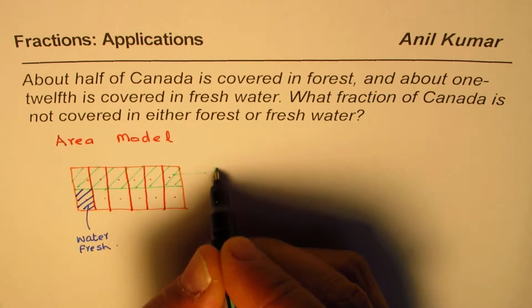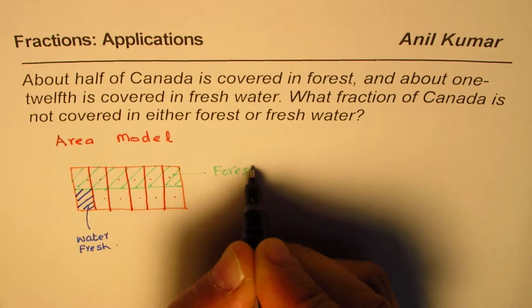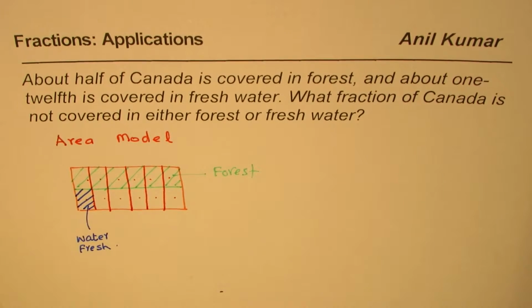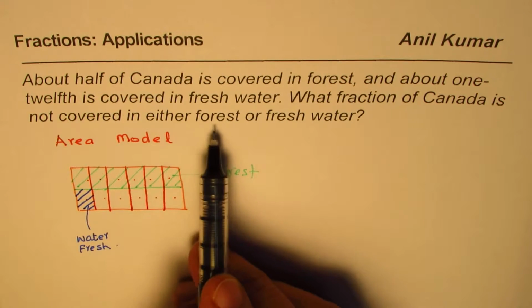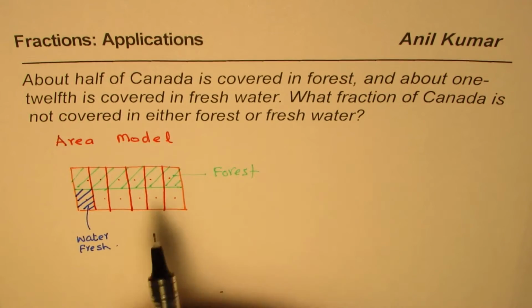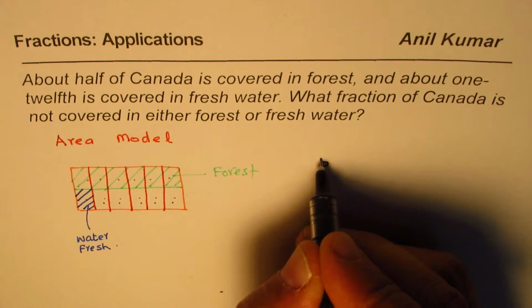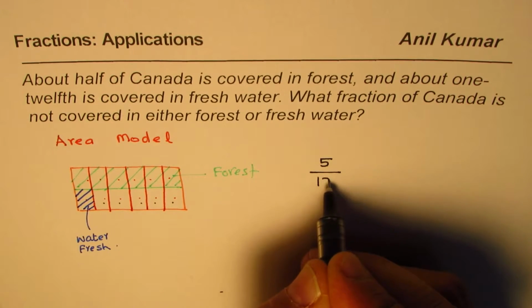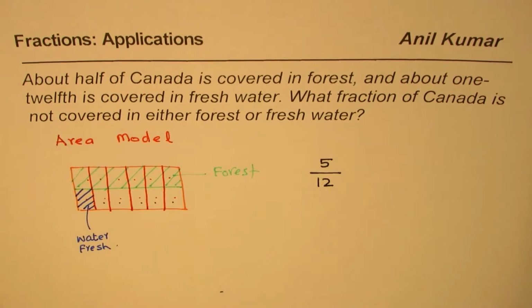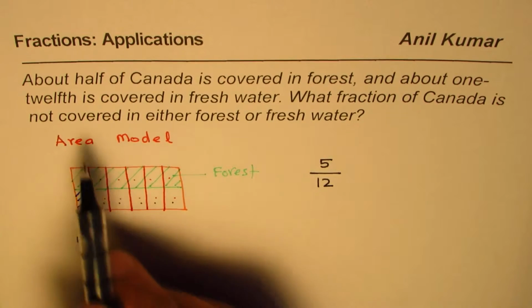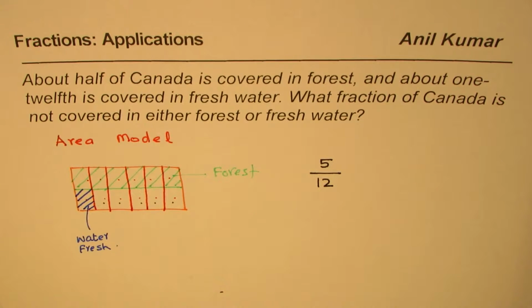Now the question is, what fraction of Canada is not covered in either forest or fresh water? It's very clear: 1, 2, 3, 4, 5, right? So it is 5 out of 12. Do you see that? So 5 out of 12 is not covered in either forest or fresh water.